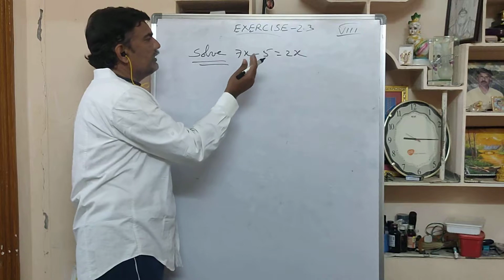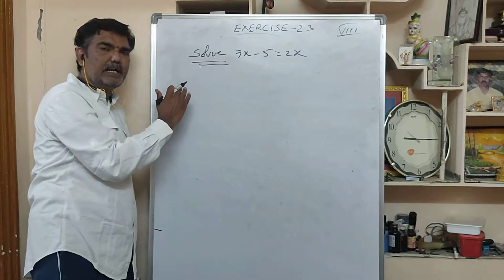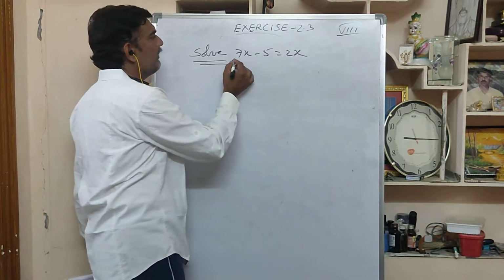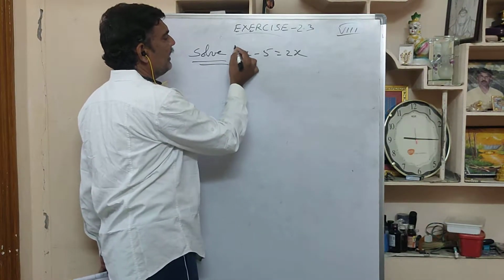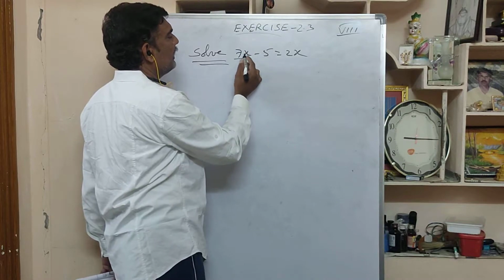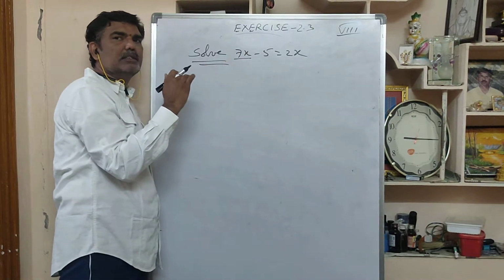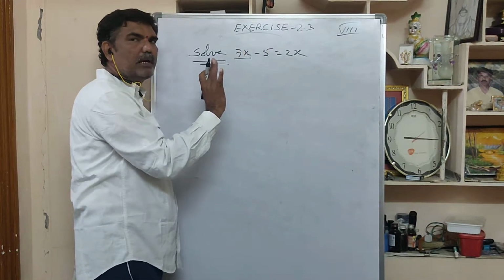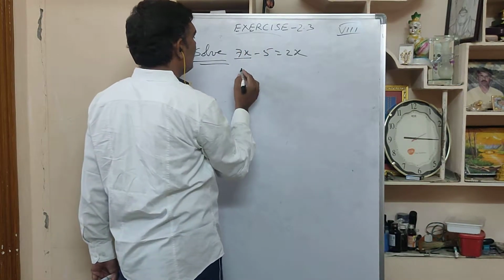What you have to do is bring variables to one side and constants to the other side. 7x is a term in which the variable is along with it. Minus 5 is only a constant, only a number.